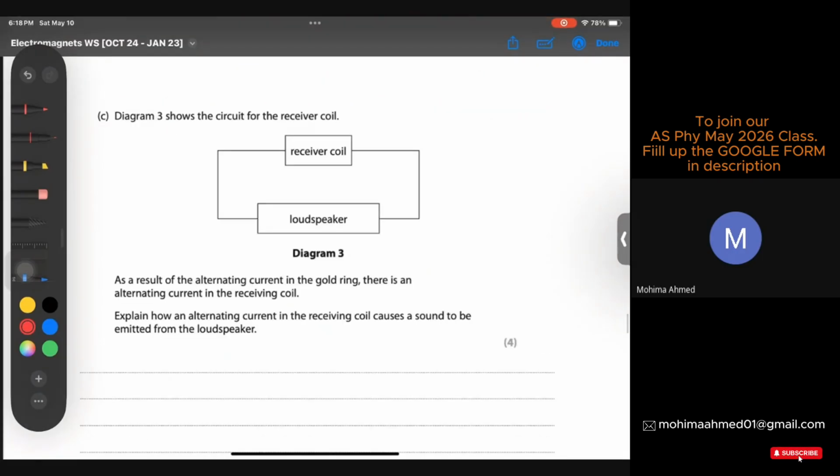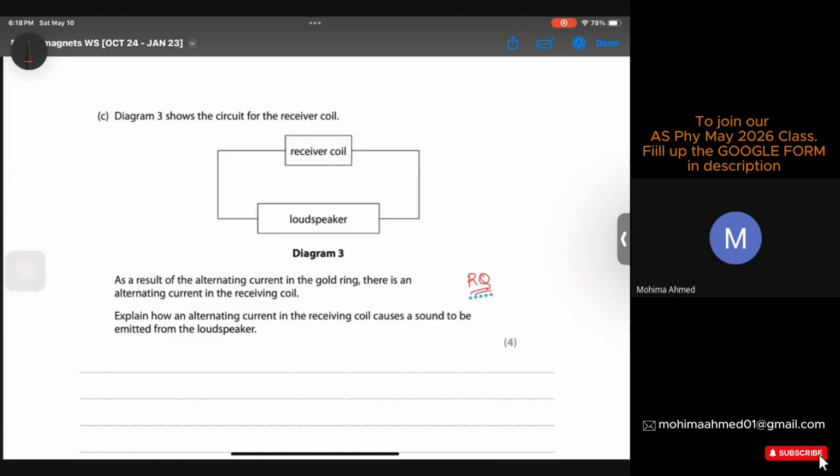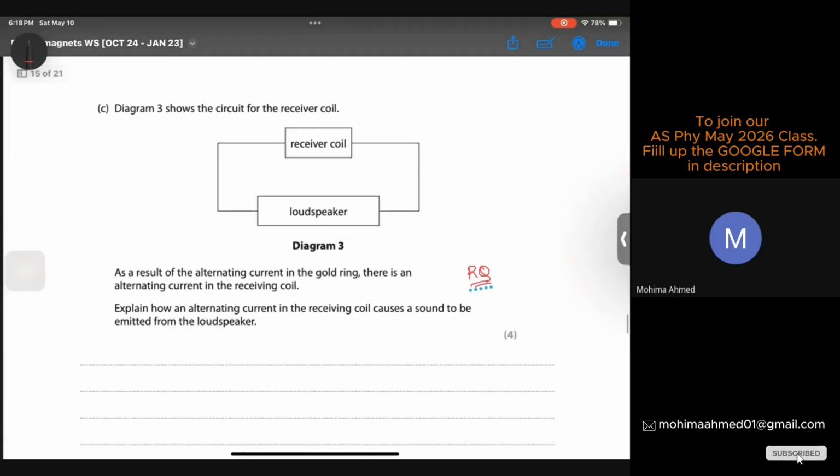That's for the loudspeaker. Again, I repeat it. They're asking: diagram 3 shows the circuit for the receiver coil and the loudspeaker. As a result of the alternating current in the gold ring, there is an alternating current in the receiver coil. Explain how an alternating current in the receiver coil causes a sound to be emitted from the loudspeaker. Again, this is a repeated thing.